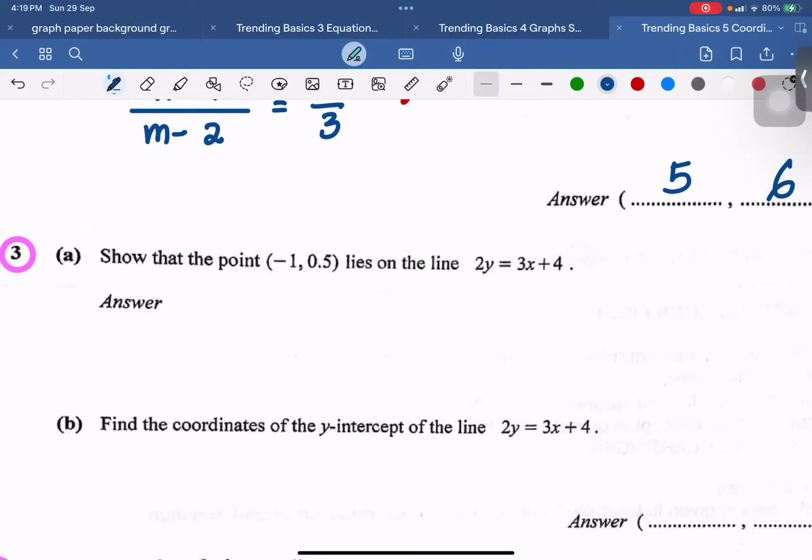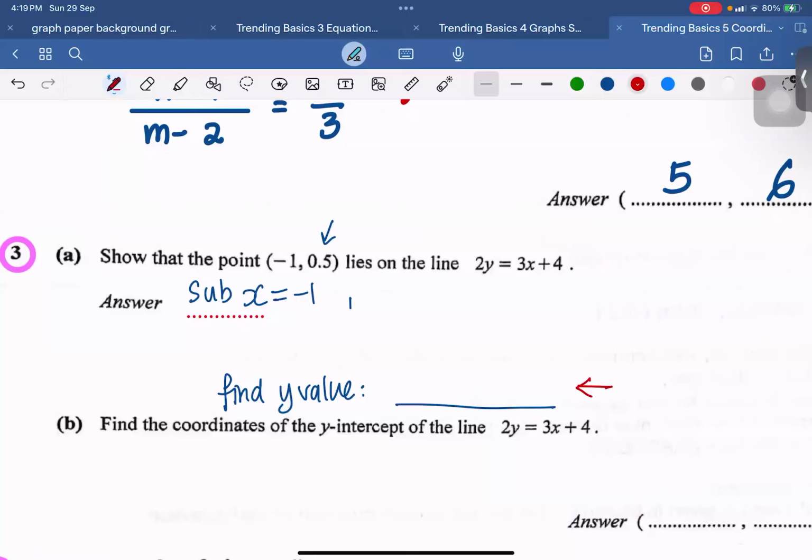So what you need to do, you sub in the x value and find the y value and make sure your y value is the same number as this one. So your checking point will be down here. Use the y value to check the answer. So you cannot substitute both at the same time. You substitute one at a time.